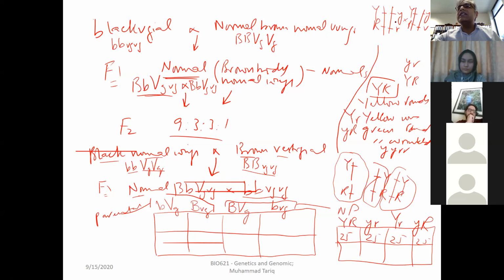So when the gametes form from F1, one gamete will contain this chromosome, the other will contain that chromosome, and same for the other pair. So if they are on the same chromosome, you should get 50%. Clear?